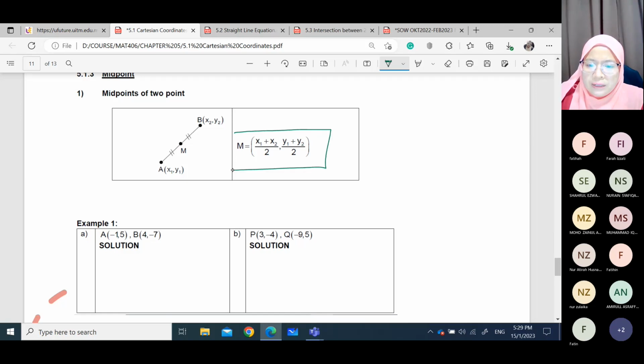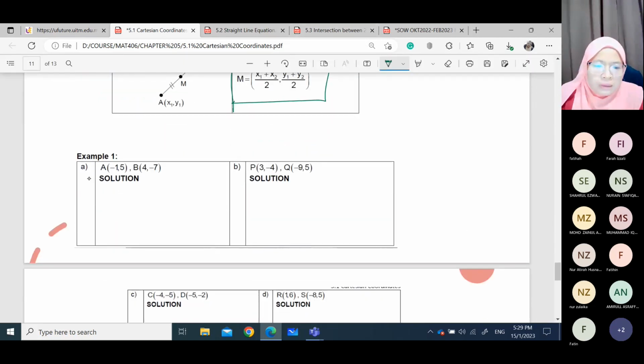So capital M represents midpoint, titik tengah. The midpoint is x1 plus x2 over 2, and for y, y1 plus y2 over 2. So you solve, then we will have our midpoint.